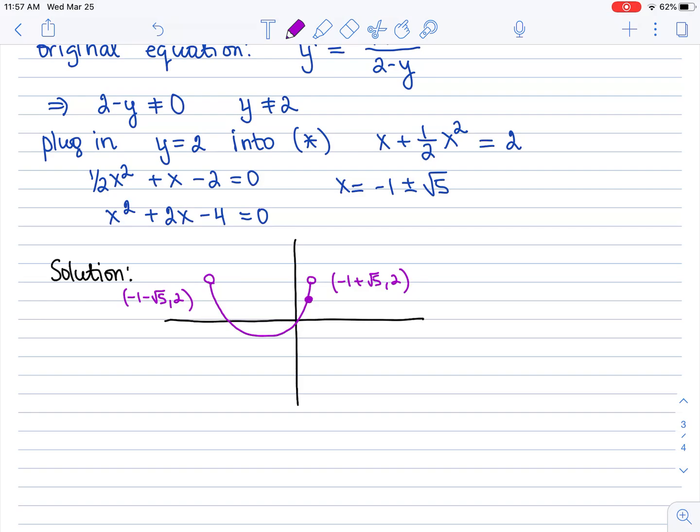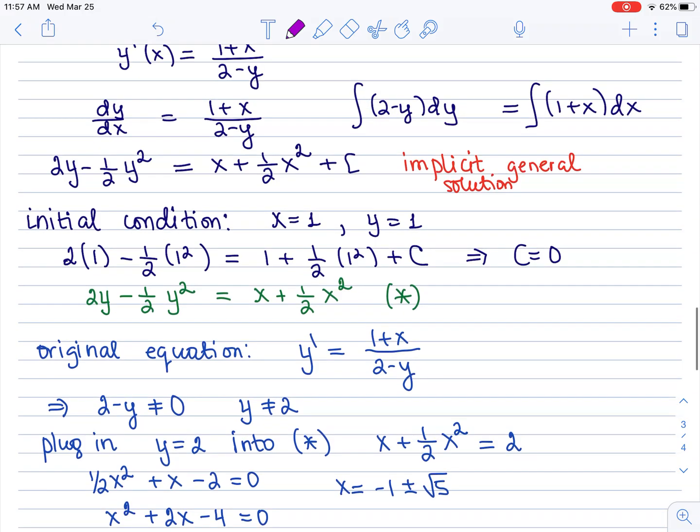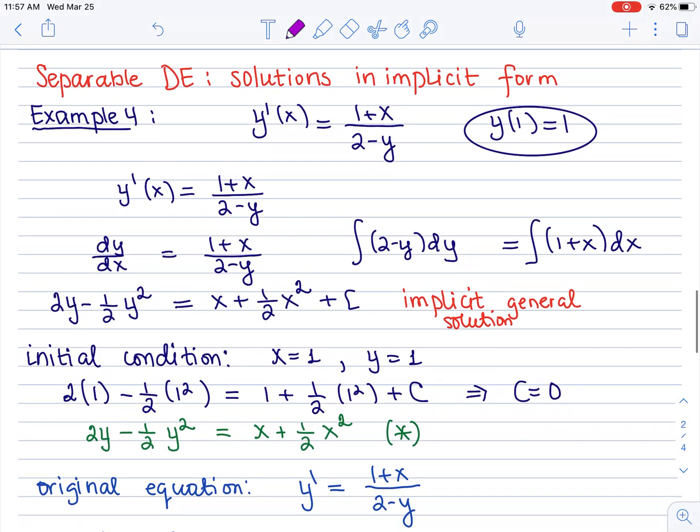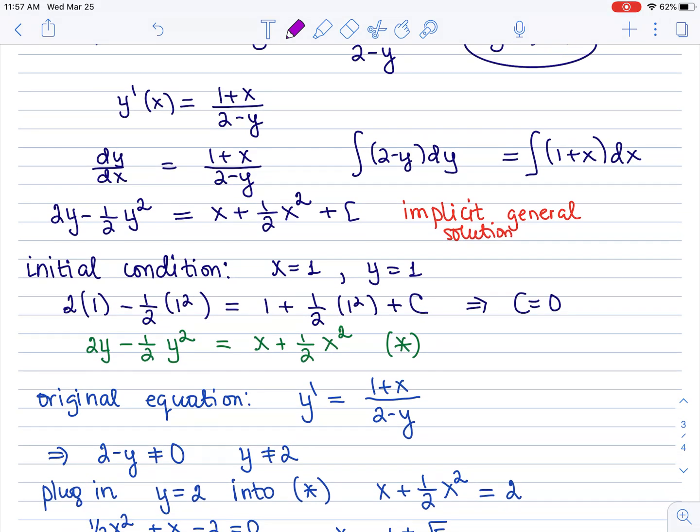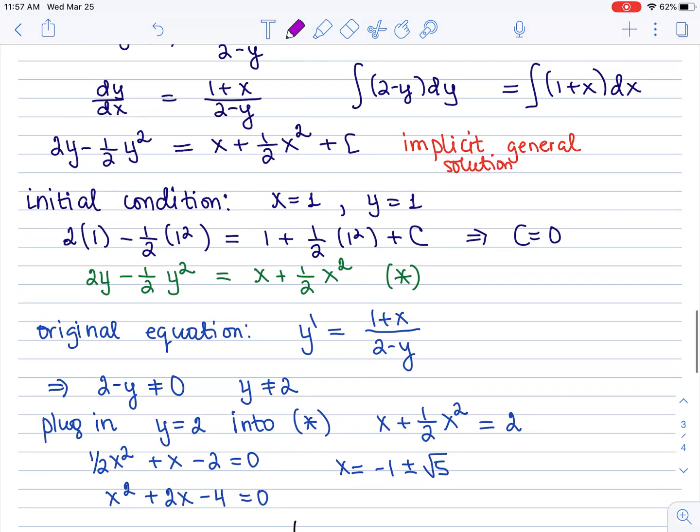That's your initial condition. So let's go through this example real quick. What did we do? We solved this by using separation of variables, and the integration is fairly simple. We get the solution in an implicit form. We use the initial condition to find our constant.